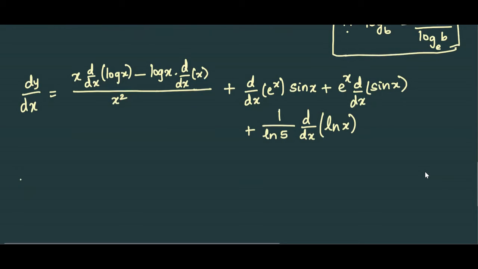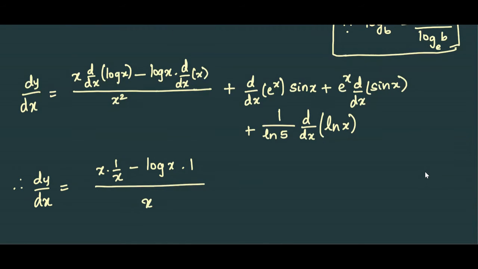So therefore dy by dx is, now derivative of log x is 1 upon x, minus log x into 1. When we write like this, without any reference to the base, it means natural logarithm.